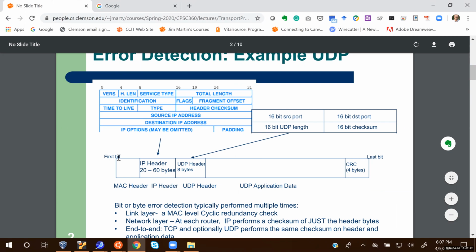We're looking at an example of if an application sends a UDP message in an IP datagram over a network.